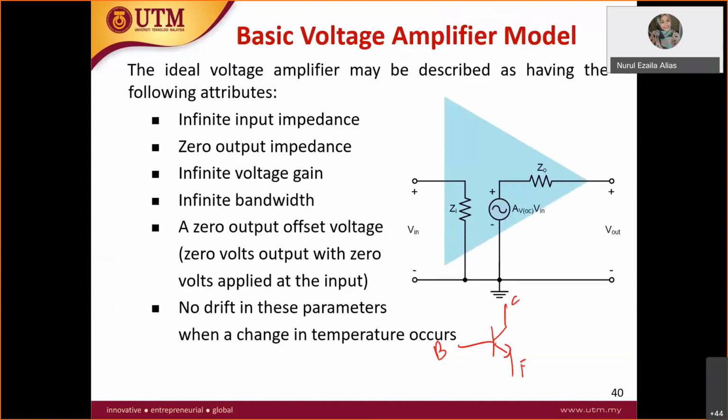In AC analysis, this part can be converted into a hybrid pi model. When we convert it into the model, we get this kind of circuit, where this is the input part and this is the output part of the circuit.